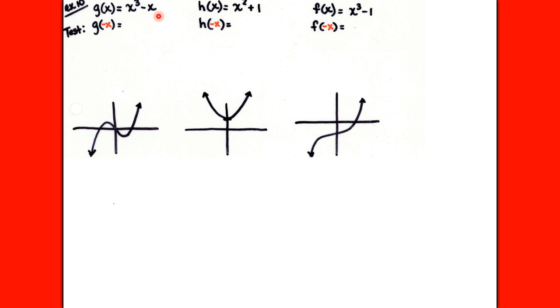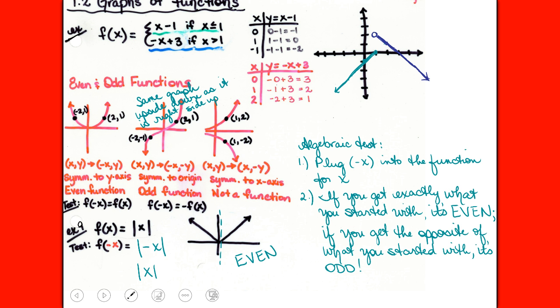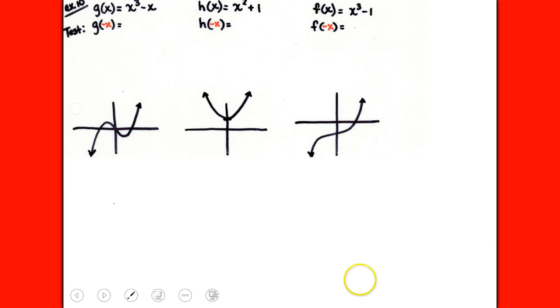So we said that for the algebraic test, we would plug a negative x into the function in the place of x. If we got exactly what we started with, it was even. If we got the opposite of what we started with, it was odd. So I'm going to plug a negative x in the place of x in this first function.